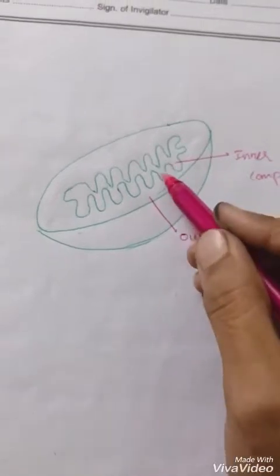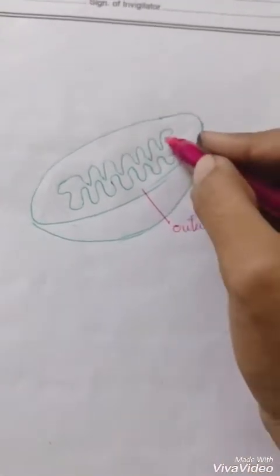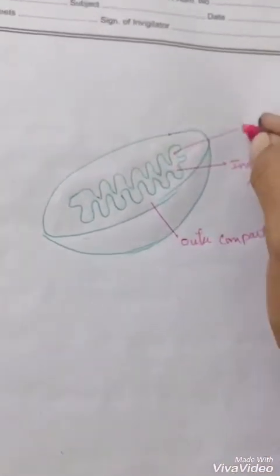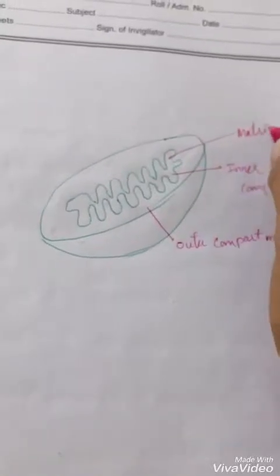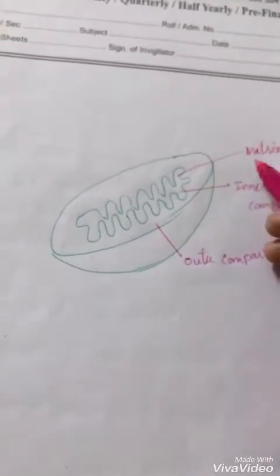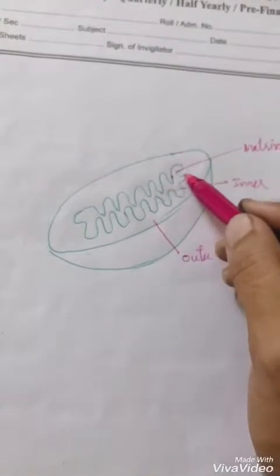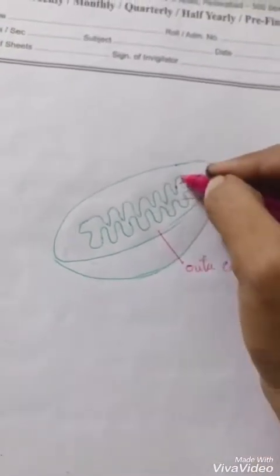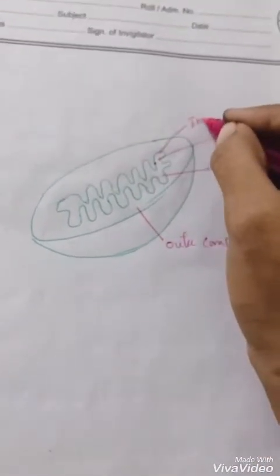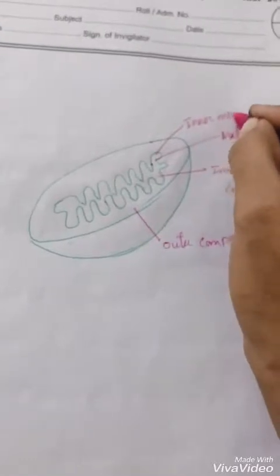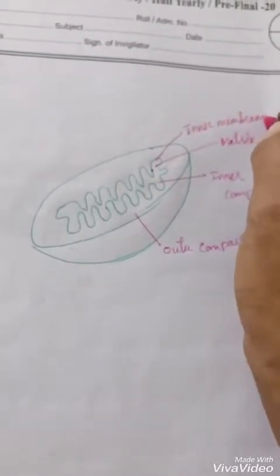The substance present in the inner compartment is known as matrix. This is the matrix present in the inner compartment. This matrix is surrounded by a membrane known as inner membrane. This is the inner membrane.